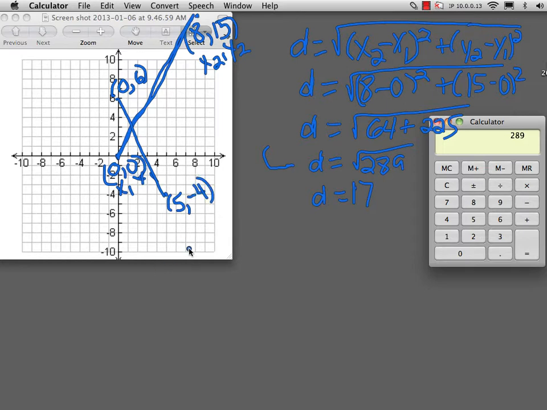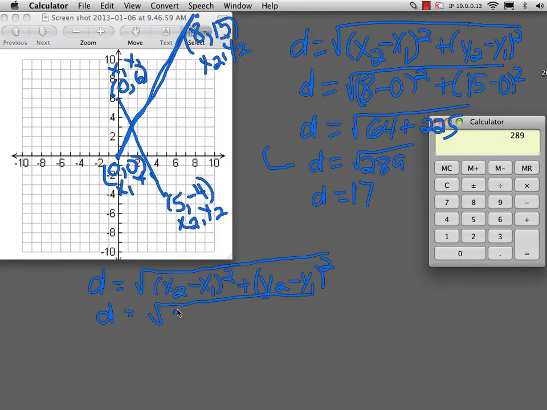So let's put it into our formula. Let's do it right down here. We know the distance formula is simply x2 minus x1 squared plus y2 minus y1 squared. We can simply put in our numbers. Let's label them: this is our second point, x2, y2, and our first point, x1, y1.